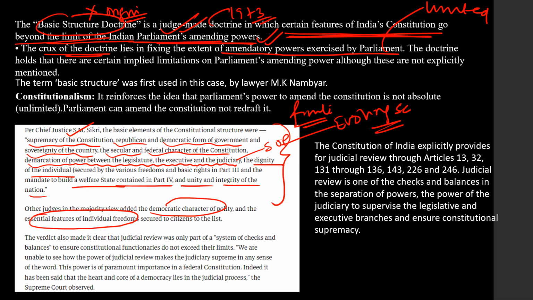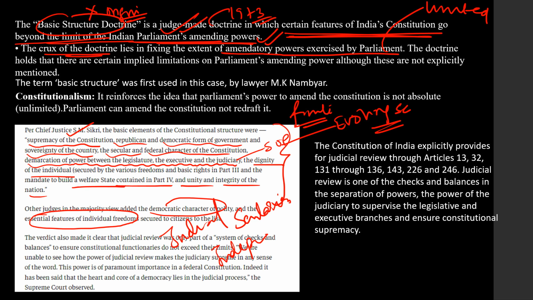With every Supreme Court judgment, this has been expanding. For example, in some judgment they added secularism, and some judgment has added independence of judiciary and judicial review. The entire list is given in the Lakshmikant book. You can go through it, but remember that the basic structure doctrine is evolving. It is not finite.